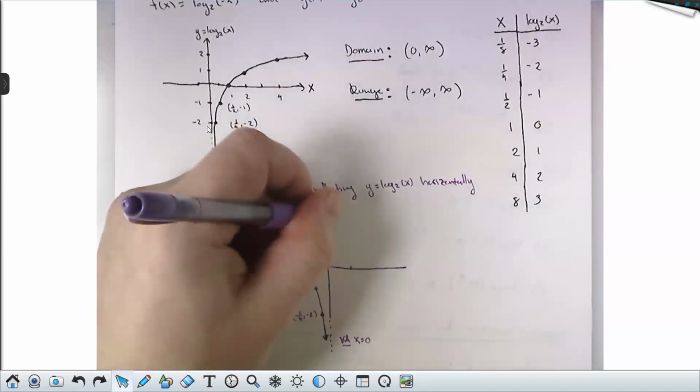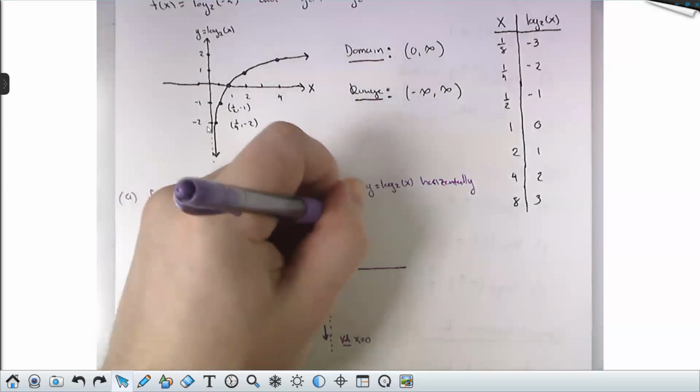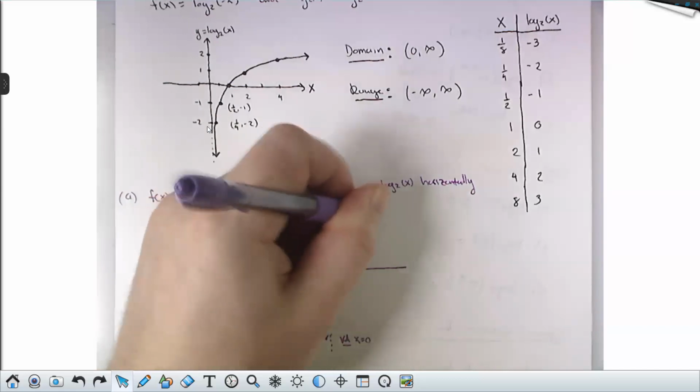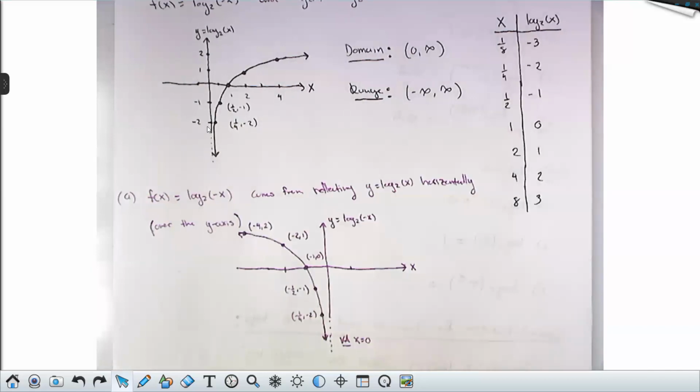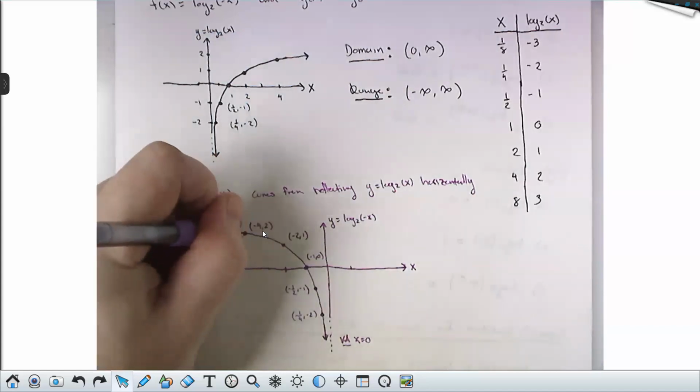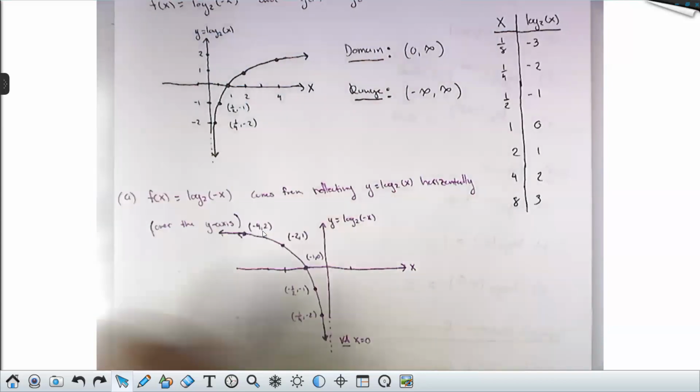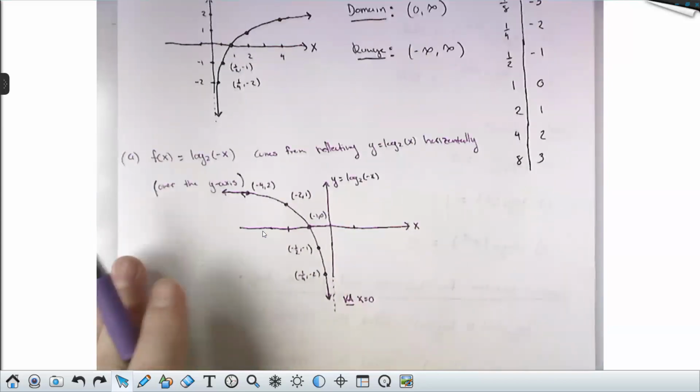This is y equals log base 2 of -x. And this is the x-axis. So I just pick that whole graph up and I flip it over the y-axis. And I get this. Right, and of course this goes on and on like that, just as the one above did.